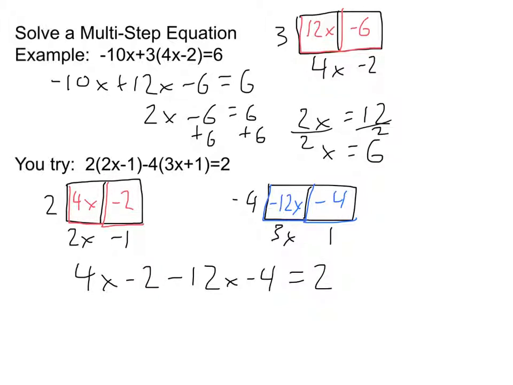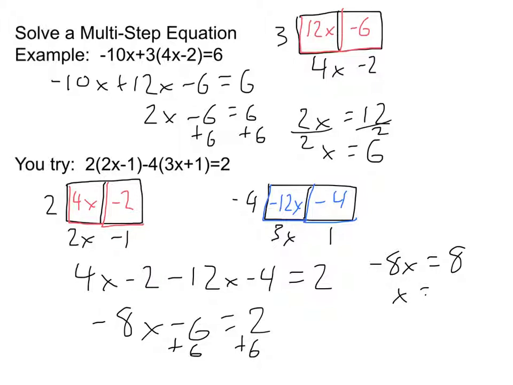Okay, combine like terms, you get 4x minus 12x is negative 8x. Negative 2 and negative 4 make negative 6 equals 2. To get rid of that minus 6, I add 6 to both sides. So I'm at negative 8x equals 8. So we know x has to be negative 1.